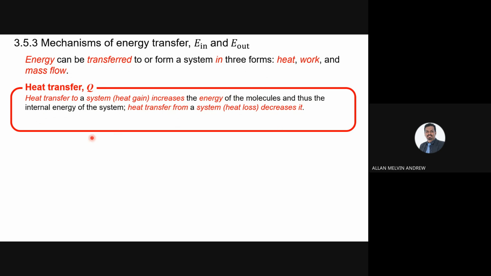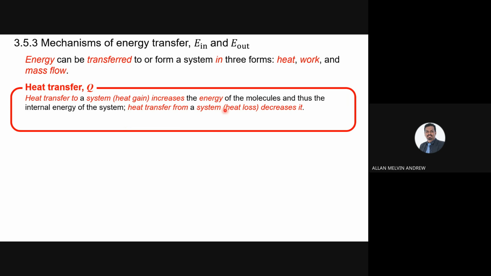So what actually happens when heat is transferred? You are getting heat transfer from the environment to the system. When heat is added to the system, the molecules in the system receive more energy, so they move more vigorously.